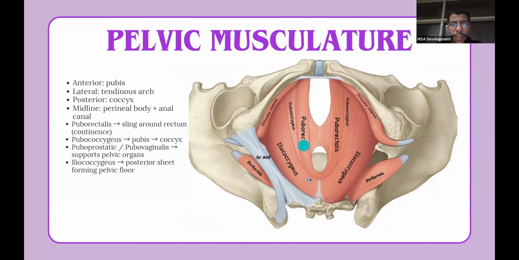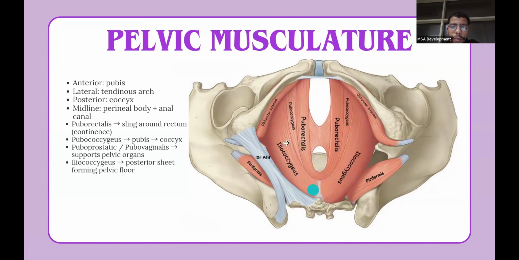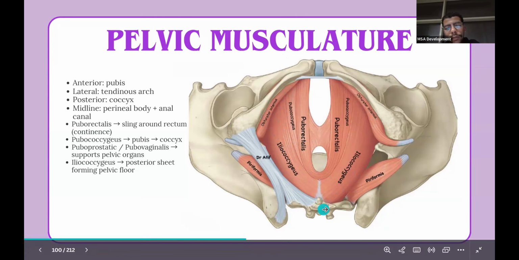And then we have the pubococcygeus. Basically from the pubis, it's not really clear here, but it comes and attaches at the coccyx. So pubococcygeus. And then we have iliococcygeus, from the ilium to the coccyx.